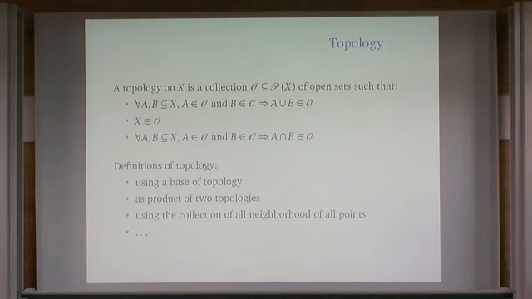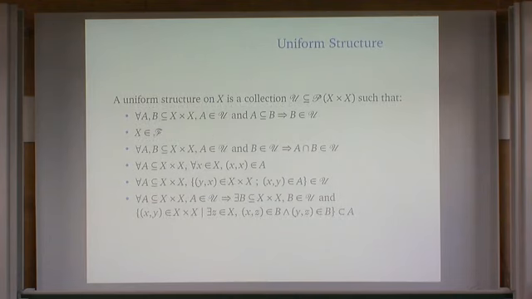And I've said it is not enough to formalize useful notions such as completeness. For this reason, I formalize uniform structure, which is a filter on pairs of elements with additional properties.